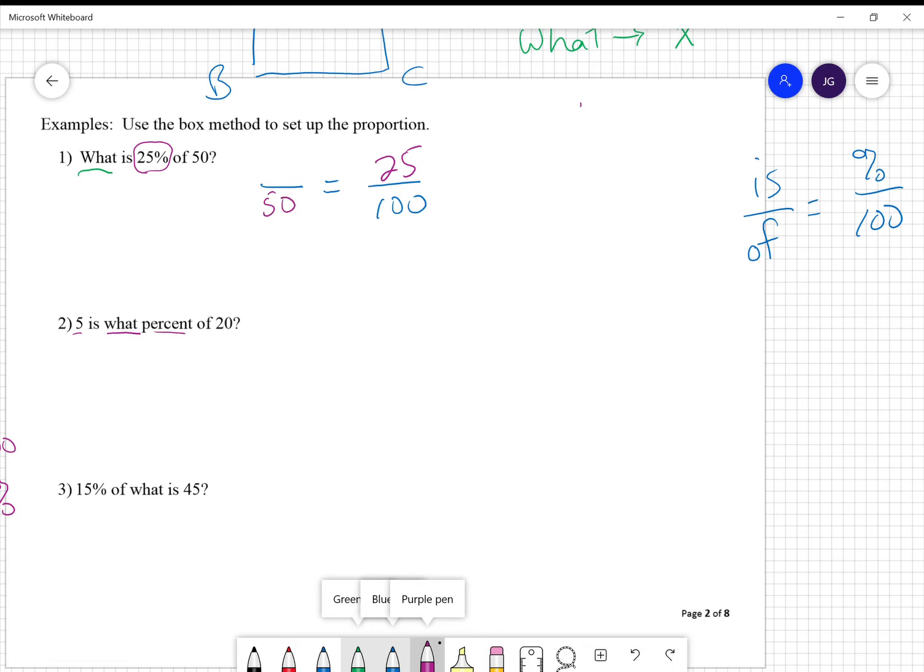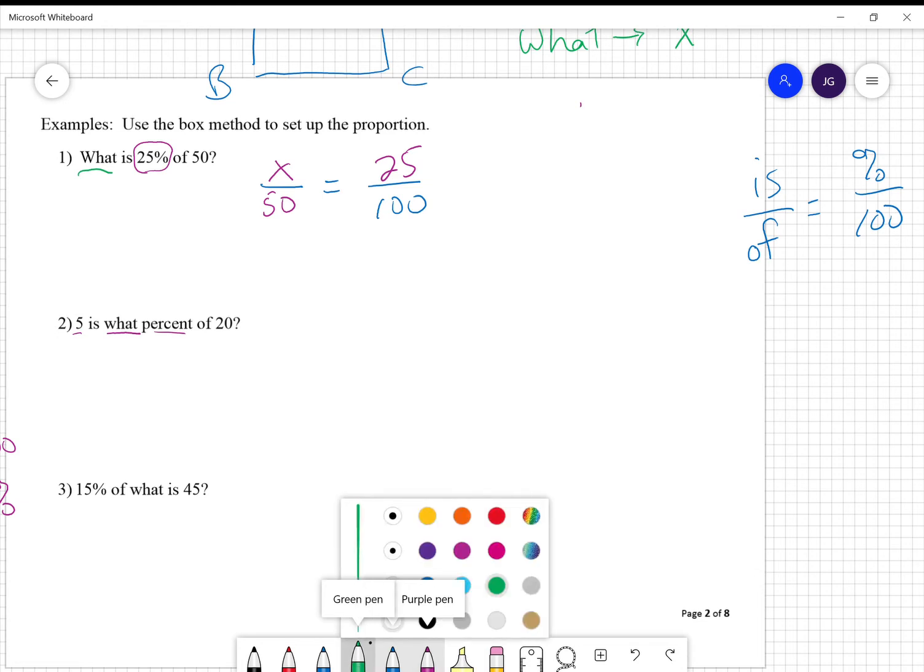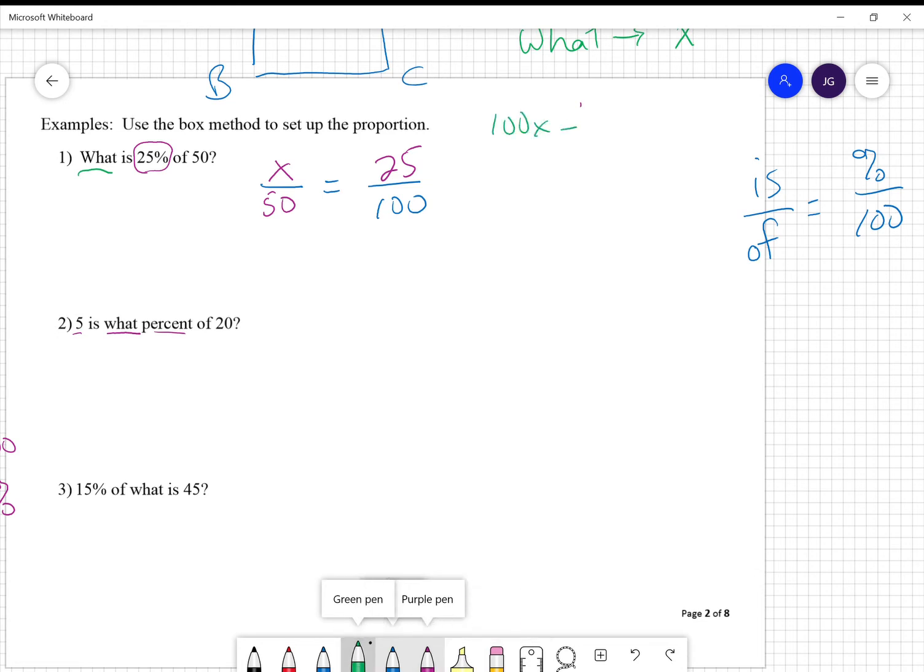And what is, x goes in the is part. And we cross multiply and divide, which is what we studied in the last section. 100x equals 25 times 50. Divide by 100. We're going to get the same answer. I mean, we have to. It's just another method of how to get there.